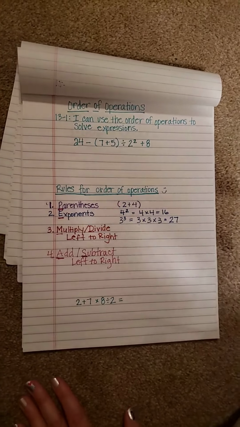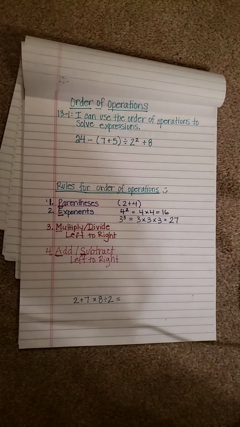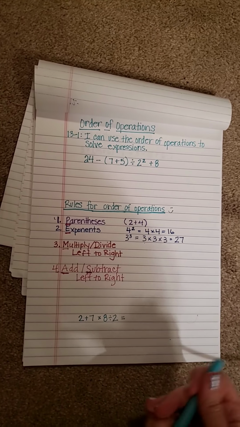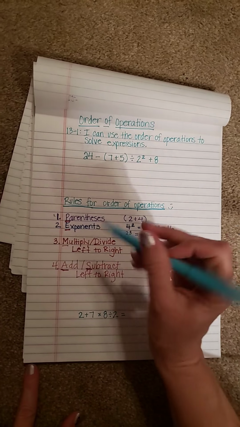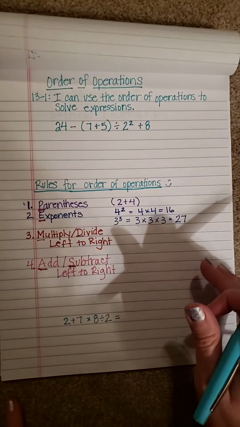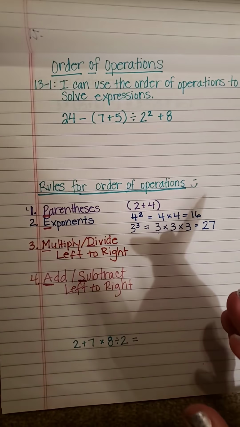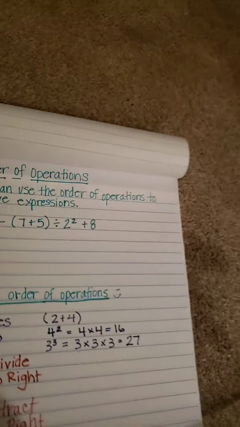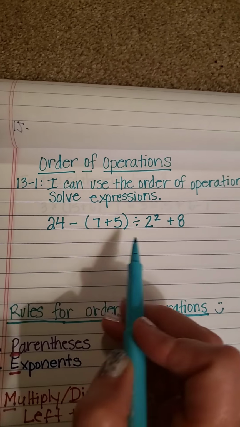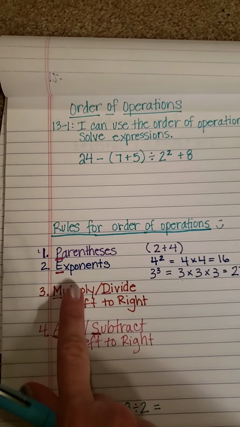So let's look at this problem up here. 24 minus (7 plus 5) divided by 2 to the second power plus 8. I'll go in a little closer. Okay, let's see here, because I want to put this one up close. So first, let's look at our order, parentheses.